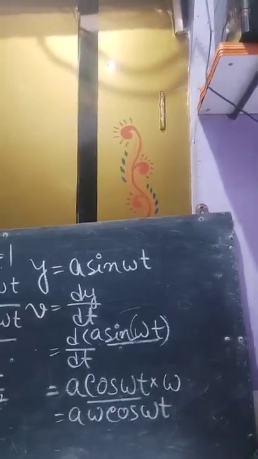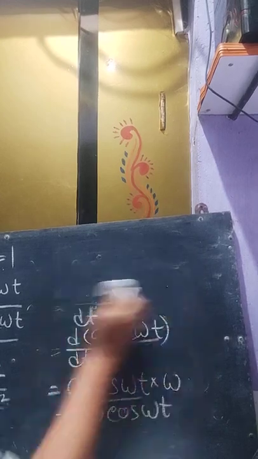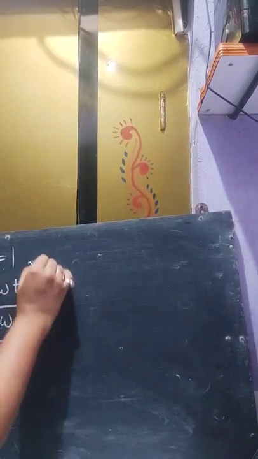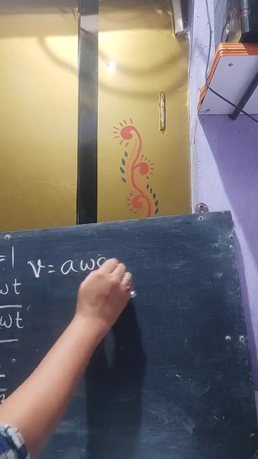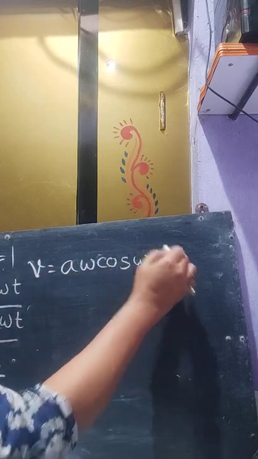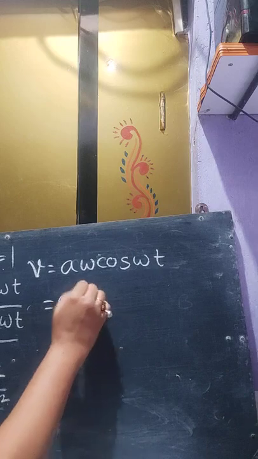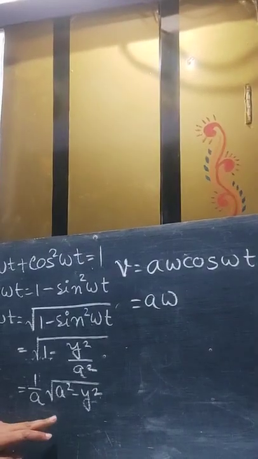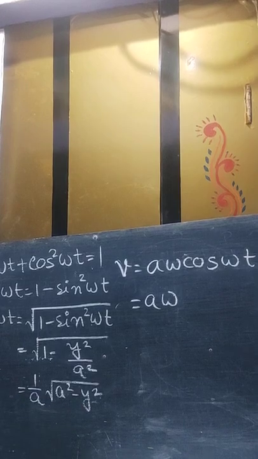Now, come to this side. I am removing this part. So, V equals a omega cos omega t, right? What will be the value of cos omega t? That is 1 by a root over a square minus y square.